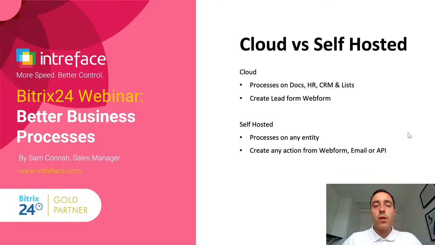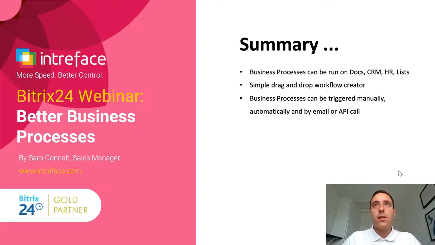But you can then run processes on documents, HR items, CRM and lists. You can create leads from web forms as well as a standard feature. But on the self-hosted, essentially you could create processes on any entity. So we can create an action on a web form, from email, or using the API. So it's more flexible using the self-hosted option.